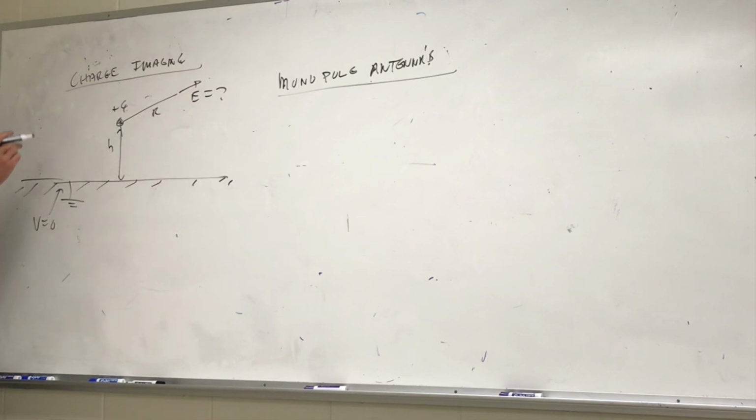Technically, the way you would want to solve this, if it was some arbitrary surface, you would have to solve what's called Laplace's equation in the dimensionality of the problem, either 2 or 3 dimensions. Del squared V is equal to 0 everywhere except where that charge is, and there it's a delta function.